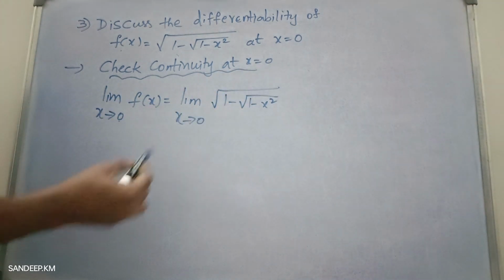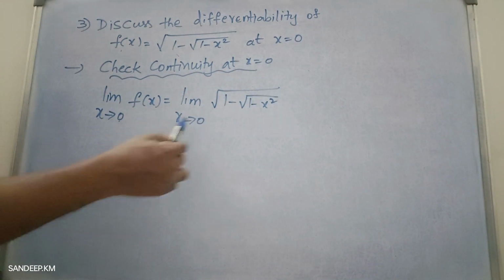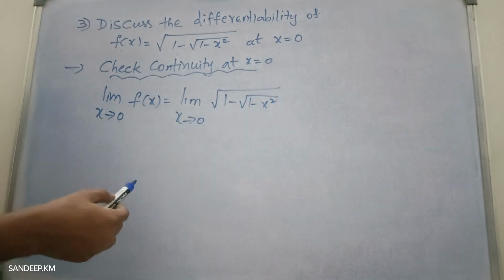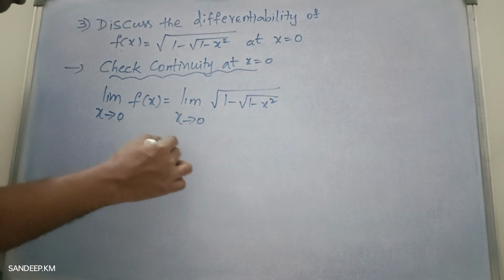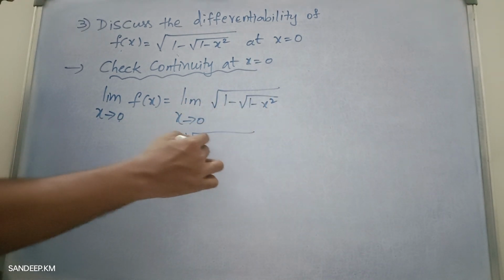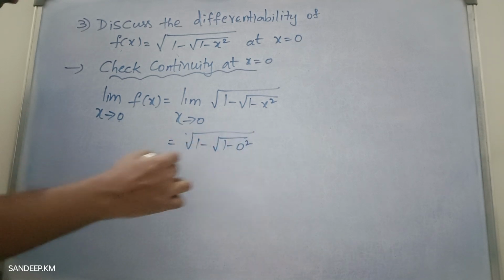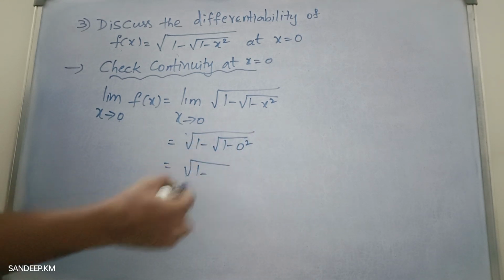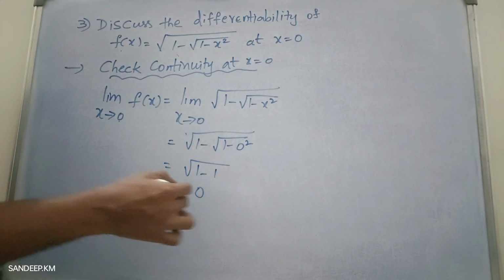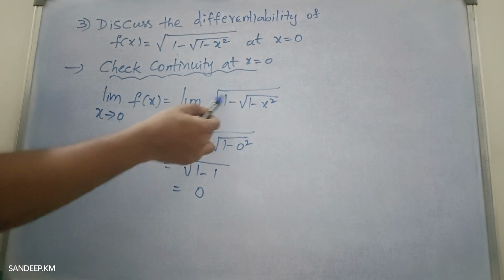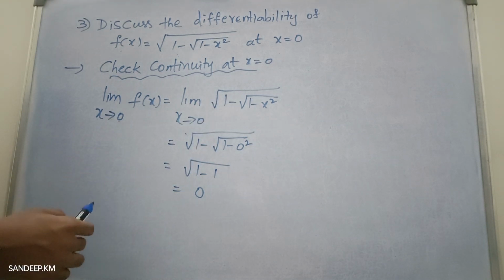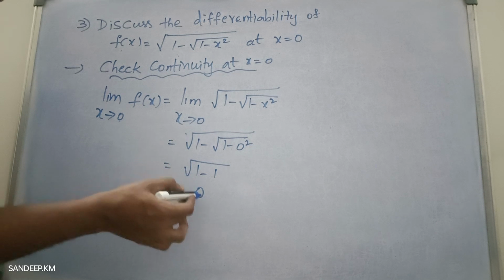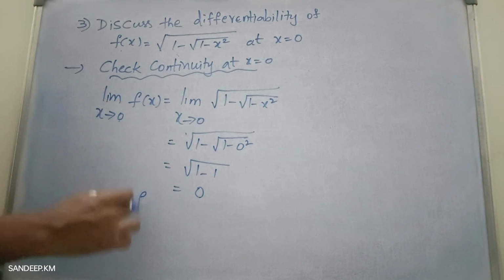See, first we'll go with the direct substitution, correct or not? When I directly substitute x is equal to 0, I'm getting a finite value. So root over 1 minus root of 1 minus 0 square. So what I'm getting is root over 1 minus root 1, 1 minus 1 is 0. So using direct substitution itself, we have found the value of the limit, which is 0. Limiting value of the function is 0, and what is value of the function?